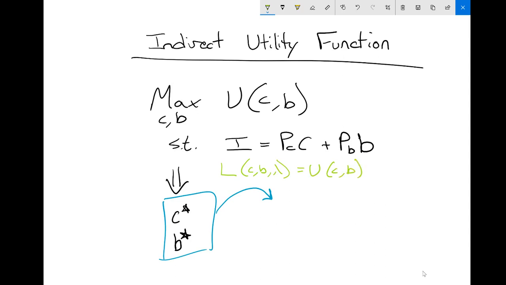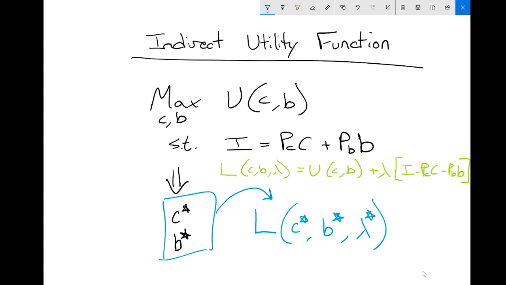So we take these values and we plug them back into the Lagrangian function.